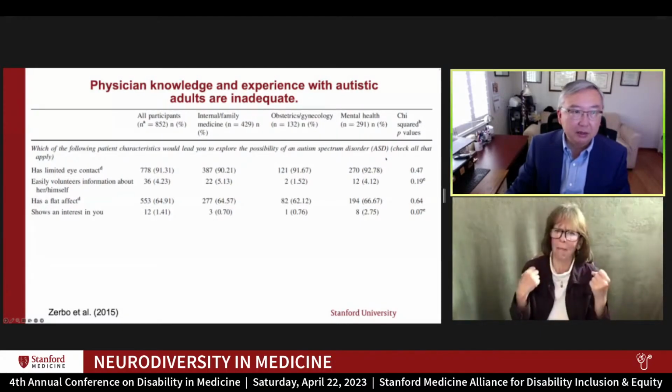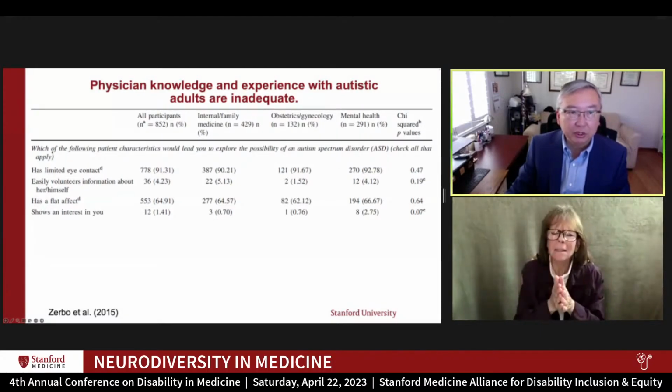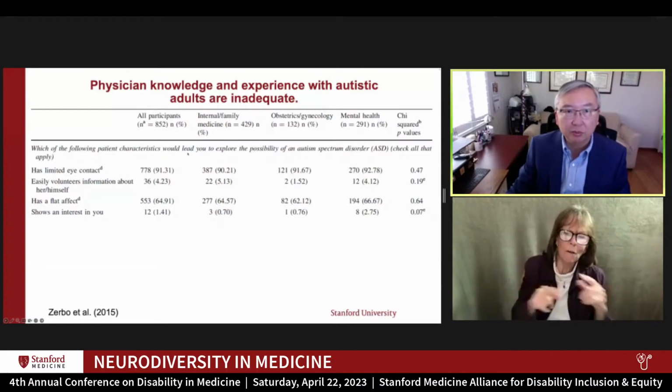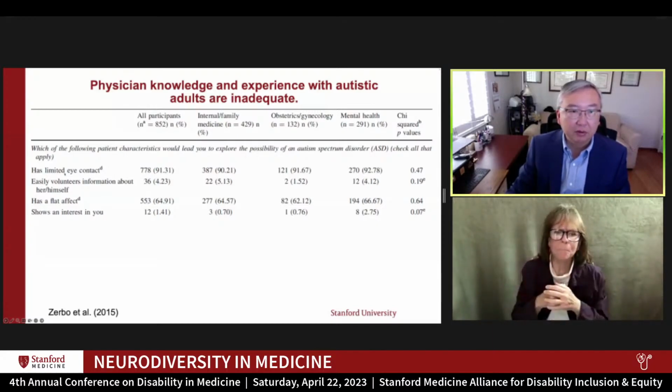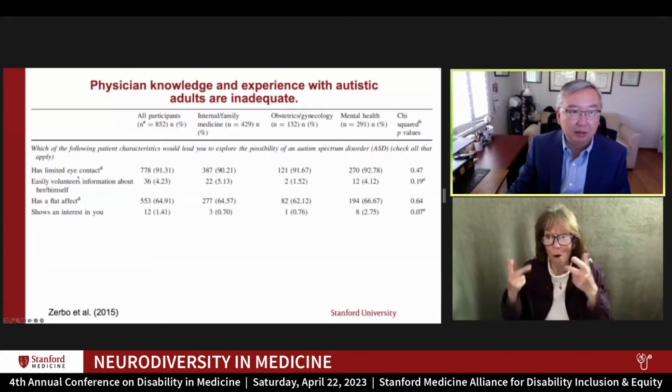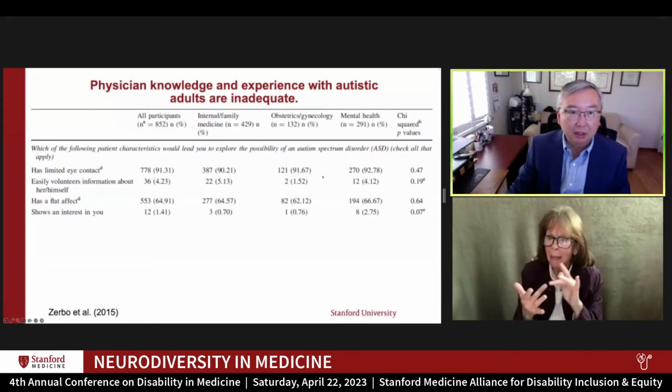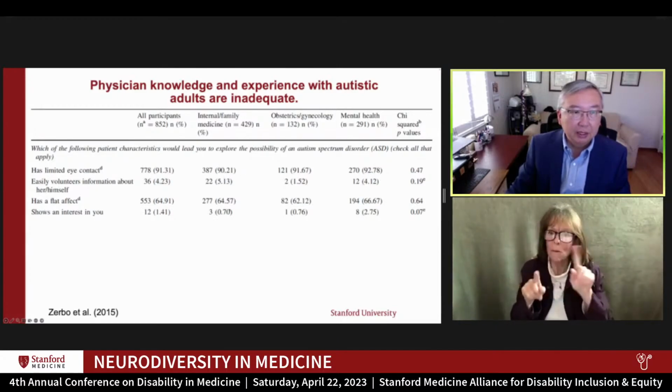They asked: which of the following patient characteristics would lead you to explore the possibility of an autism diagnosis? I think all of us have gone through medical school and learned that there is limited eye contact, and in terms of percentage, all three groups did pretty well. Having a flat affect is only 60% or so in all three groups.